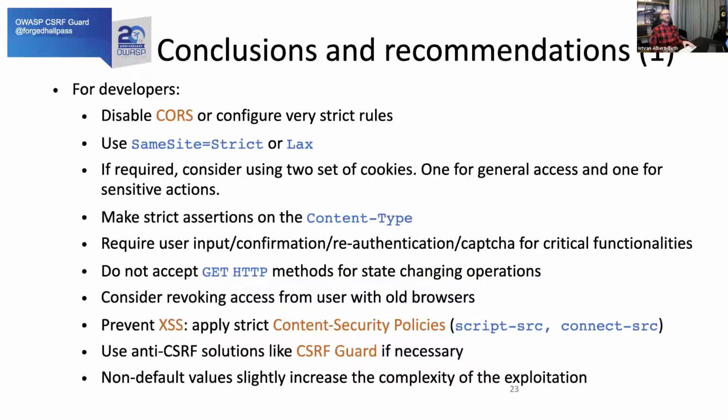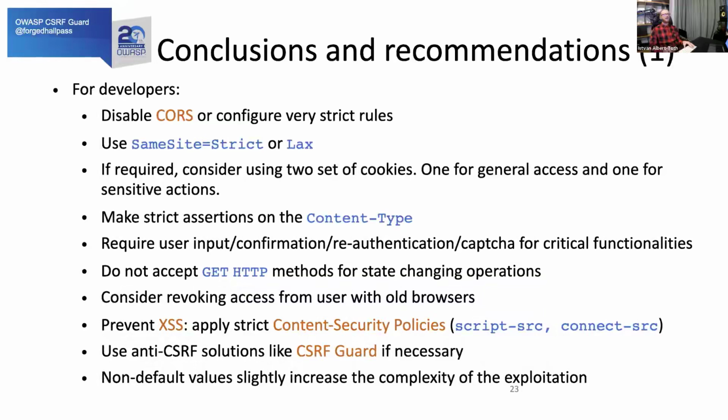Make strict assertions on the content type, require user input or confirmation or re-authentication or any kind of CAPTCHA for critical functionalities. Do not accept GET HTTP methods for state-changing operations. Consider revoking access from users with old browsers based on the user agent, for example.